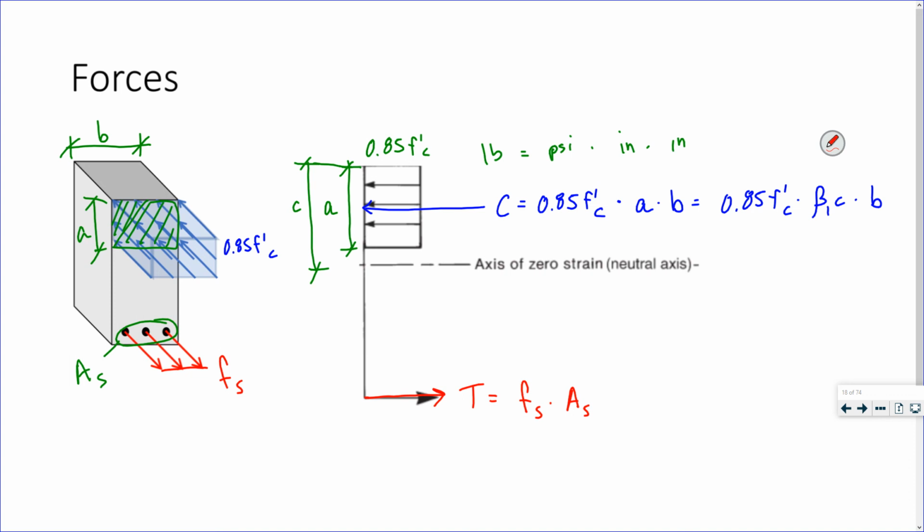If you think of it, 0.85 f'c is your stress in your concrete, fs is your stress in your steel, A times b is your area of concrete over which that stress occurs, As is your area of steel over which the tensile stress occurs.